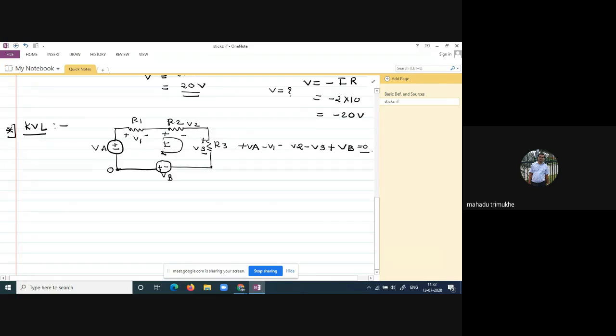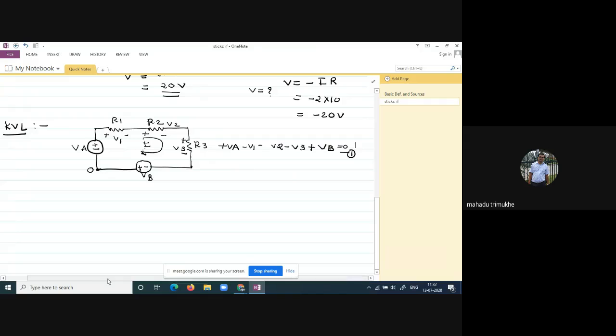That is your equation 1. Here are the two voltage sources VA and VB, and the voltage drops across the three resistors, that is minus V1, V2, and V3.